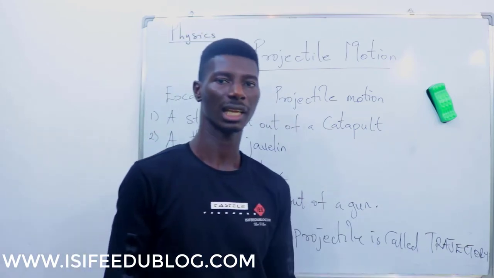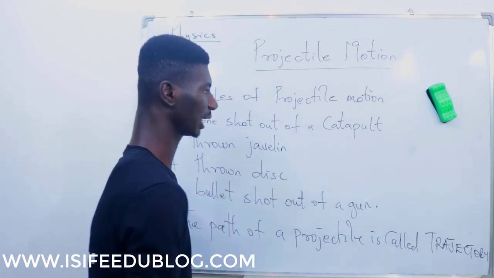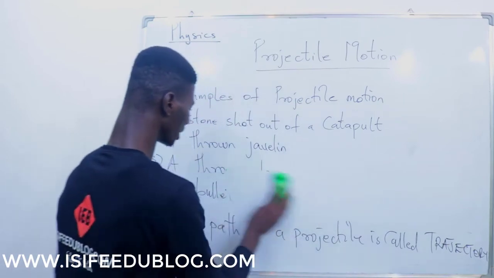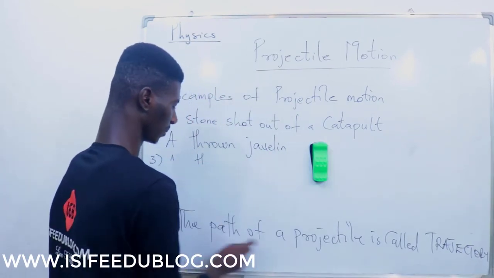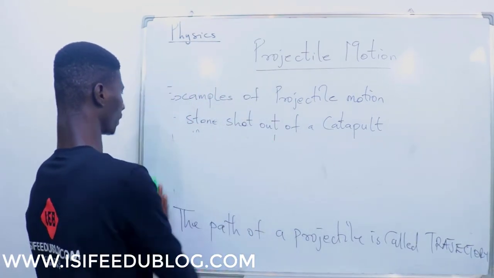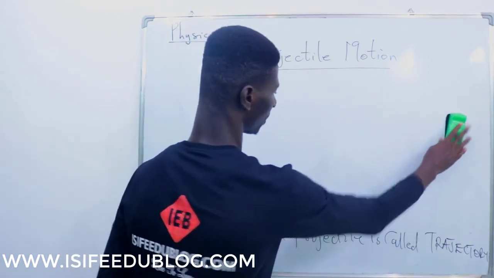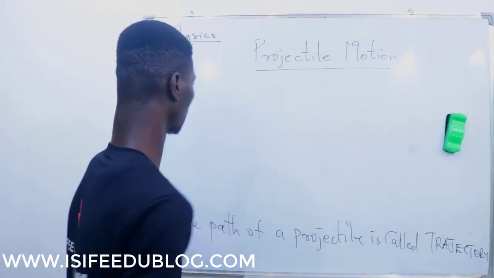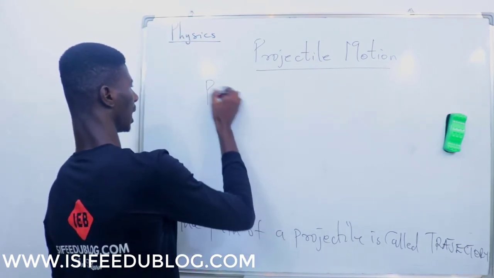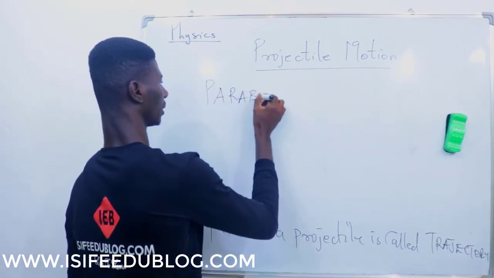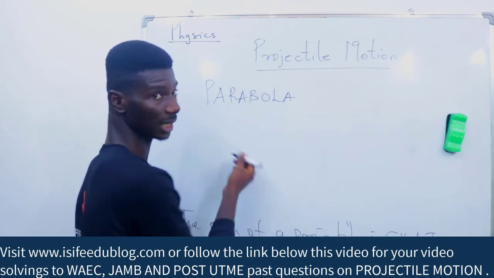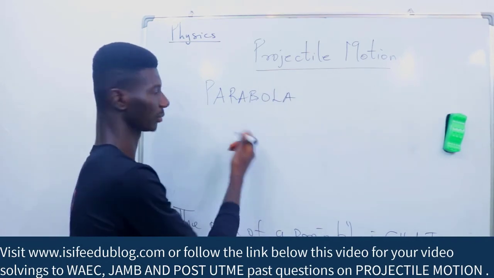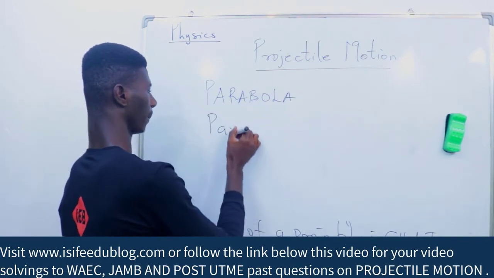Another thing they can ask you is, what is the shape of this path? What is the shape of a trajectory? Now, the shape of a trajectory, which is the path of a projectile, is a parabola. Or you simply say parabolic shape.